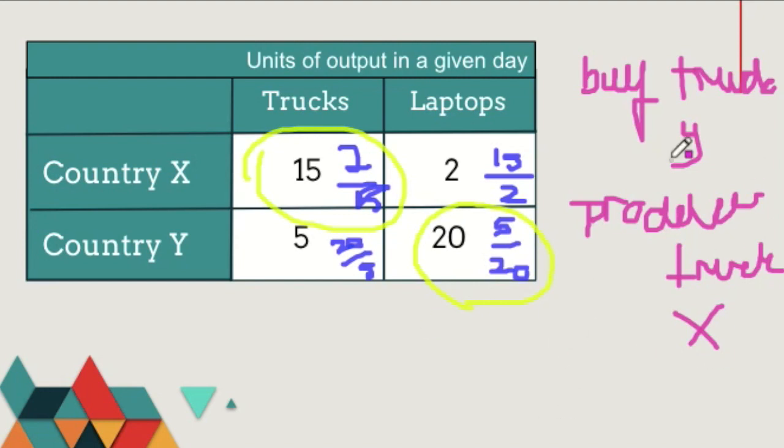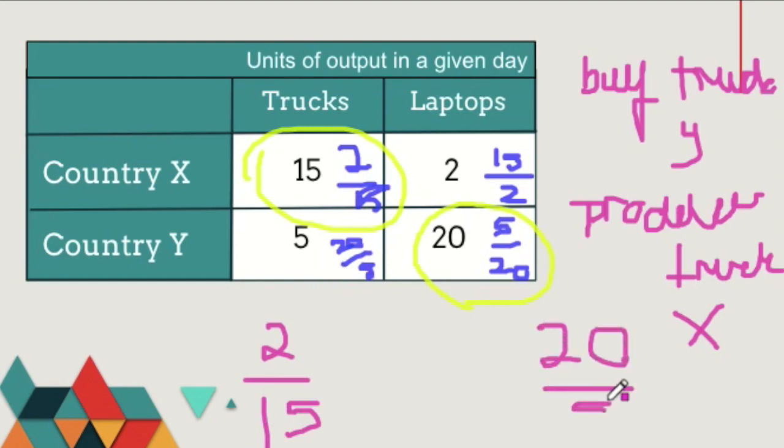Now the producer's opportunity cost, country X's opportunity cost, is 2 over 15. The buyer's opportunity cost for making trucks is 20 over 5. Any number that's between these two opportunity costs is going to be beneficial for both sides. So 20 over 5 is 4.